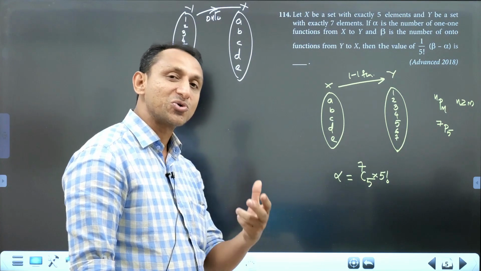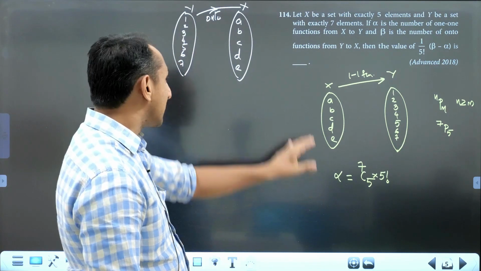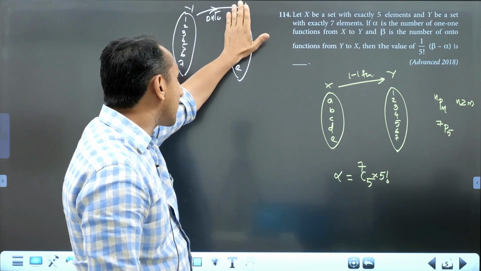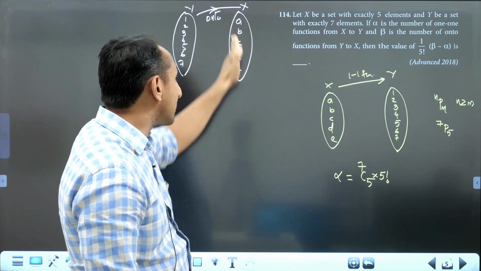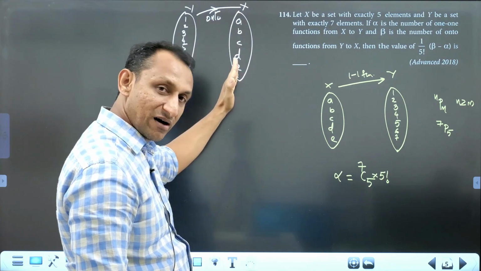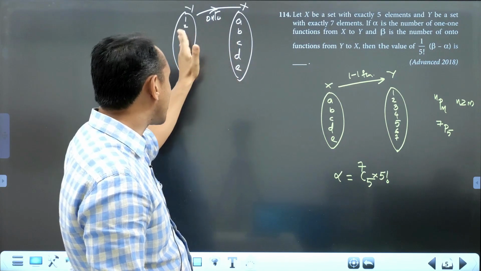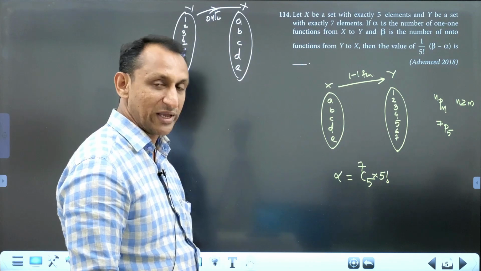Range equals codomain. That means every element in X has at least one pre-image in Y.